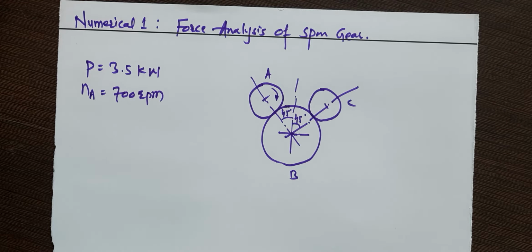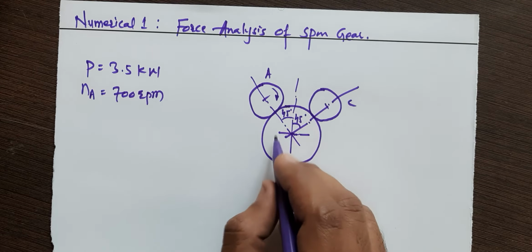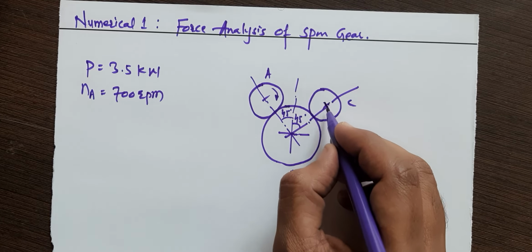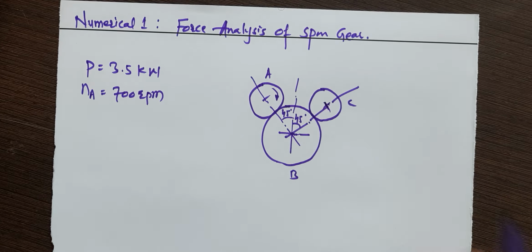Gear B is idler gear while gear C is driven gear. Now see here, B is idler gear, it will not transmit power to its own shaft, and C is a driven gear, which will transmit power to output shaft.